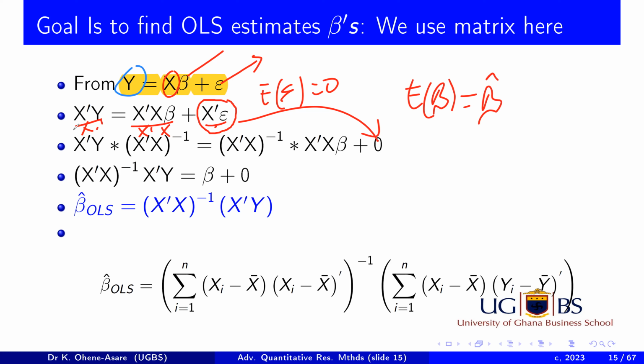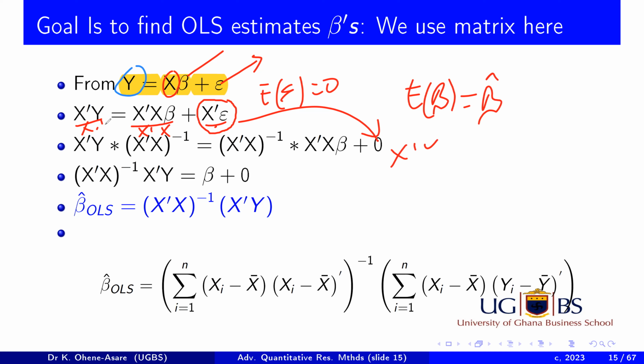Therefore, we are left with these matrices, and these matrices, you can't take the expected value because they are themselves. Therefore, on this section, the x prime x will cancel the x prime x, and then we'll be left with the beta. Then on this section, you have x prime y over x prime x.